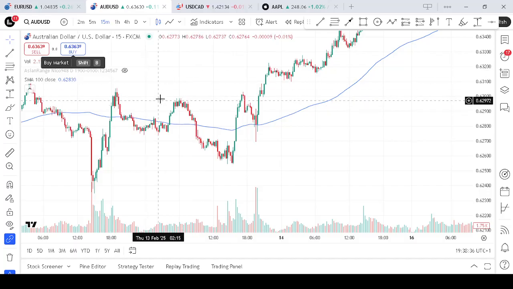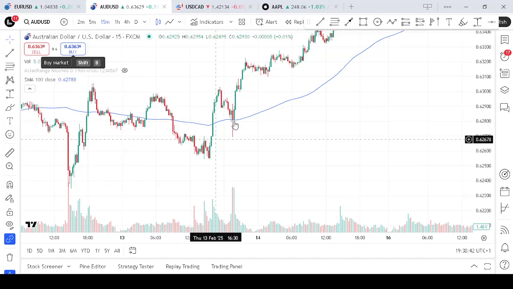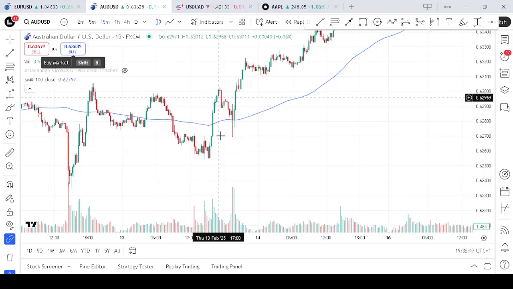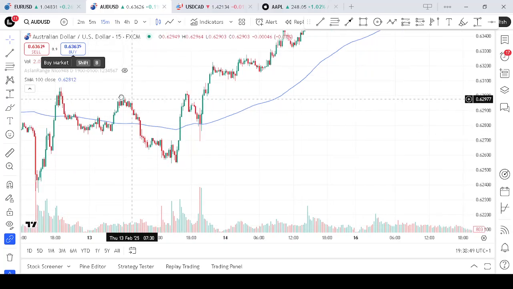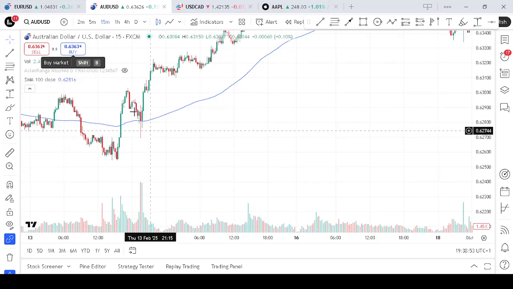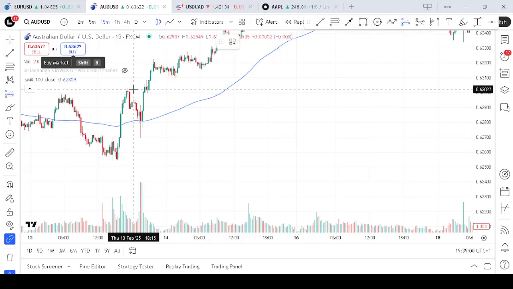Okay, let's use this as an example. This is actually a very good trade. We saw price broke structure at this point. When price broke structure at this point, it came back to pull back. After it came back, we saw a bullish engulfing candle, and at this point we can enter our trade.